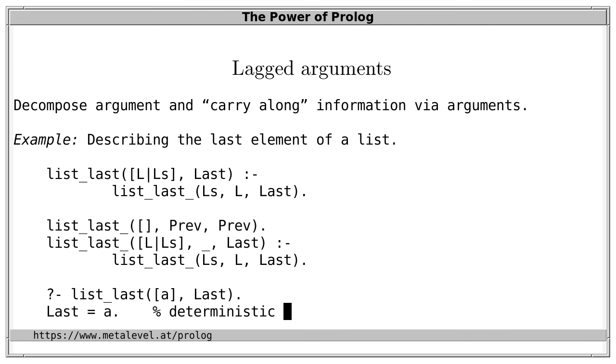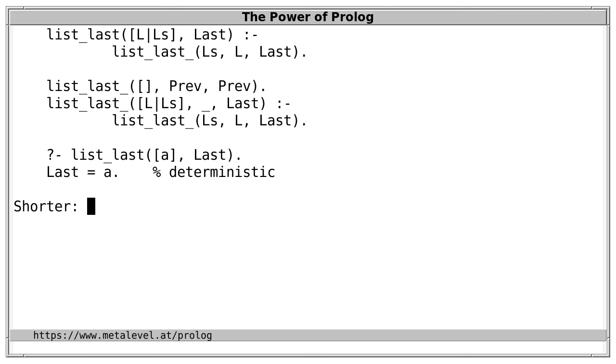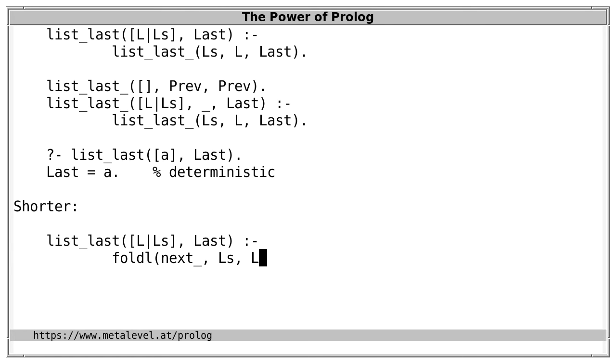And with this definition, our query yields one solution as before, and now it's deterministic, because argument indexing can now distinguish the cases, because the empty list nil and a list with at least one element have different functors. Okay? And we can shorten this definition, because we can say that the last element of the list with head L and tail ls is defined by folding from the left using an auxiliary predicate, say next_, over the tail ls with the head L as the initial state and the last element Last as the final state.